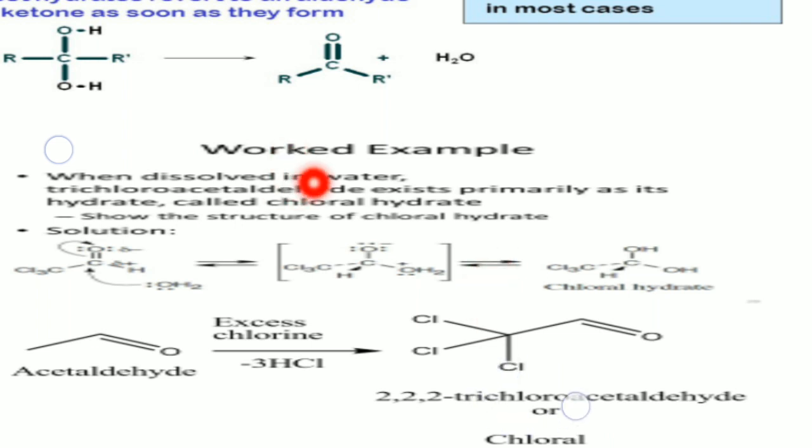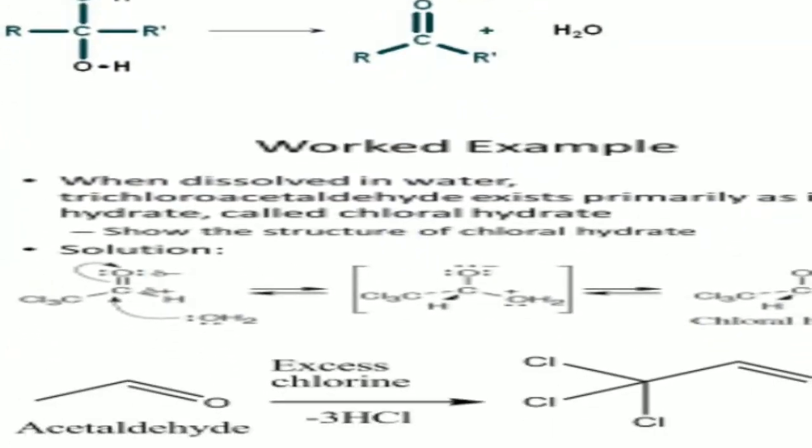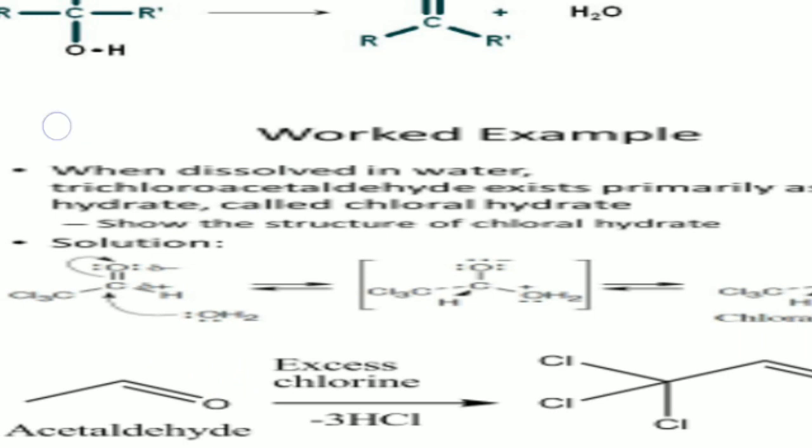When this chloral is dissolved in water, the following reaction can happen. This chloral, CCl3CHO, is added by one molecule of water, like this way. Lone pair of oxygen of the water molecule forms a bond with the carbonyl carbon, and the carbonyl oxygen will get a negative charge, like this way.